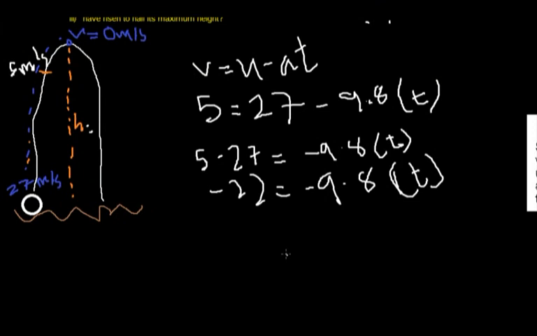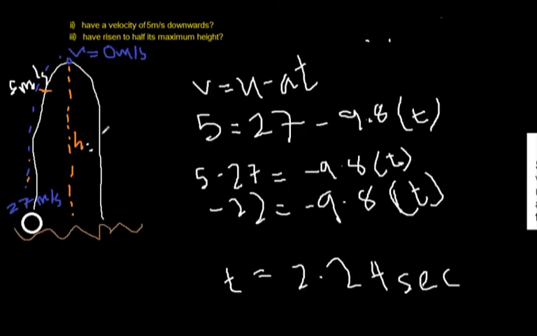Now divide both sides by negative 9.8. t will be equal to 2.24 seconds. So that's the time it took for the ball to reach a velocity of 5 meters per second, the time within this interval.